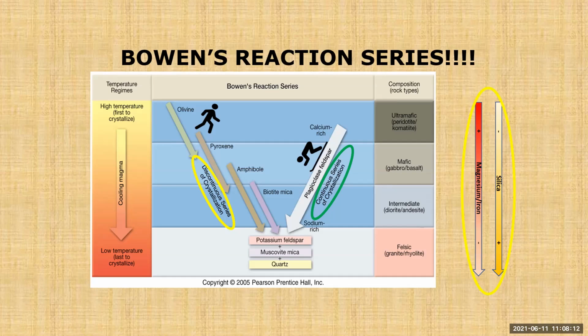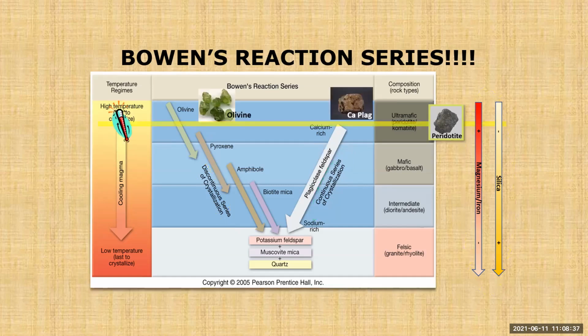What we're seeing is that, again, at these higher temperatures, these are rocks that are going to contain lots of magnesium and iron relative to their silica content. Down at the bottom of the graphic, less magnesium and iron, much more silica. Also much more aluminum in these lower ends of the Bowen's reaction series.